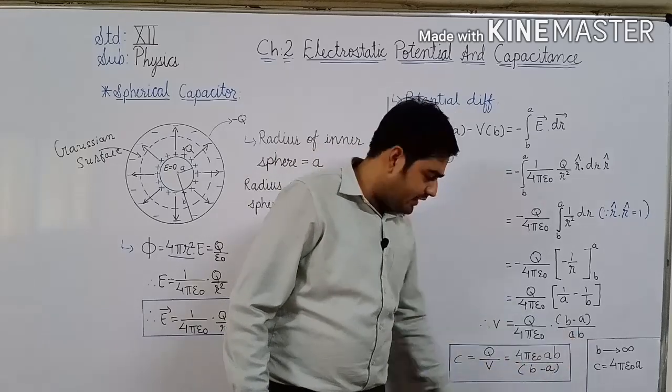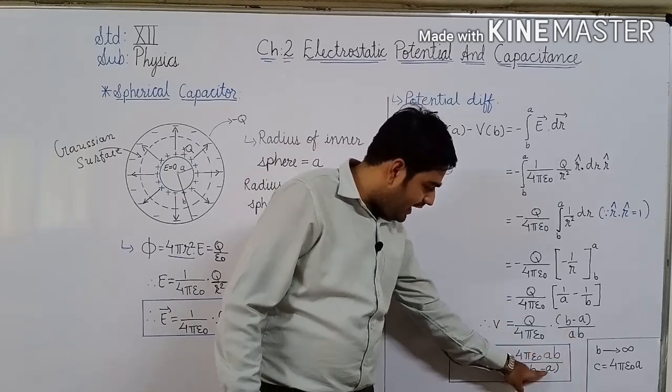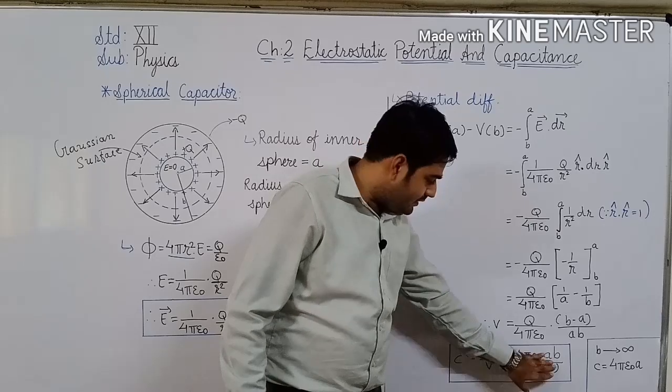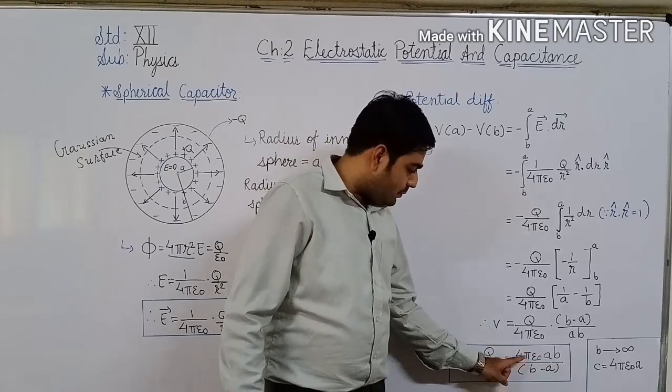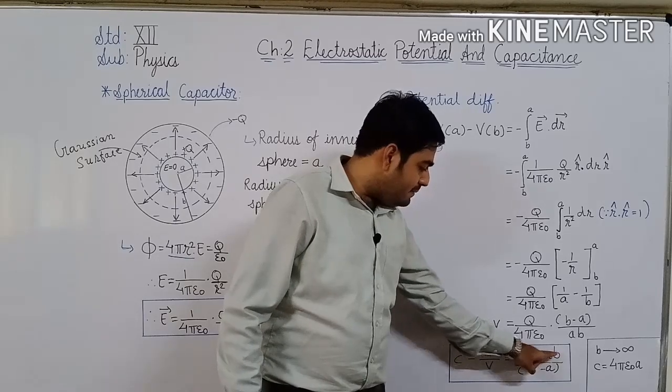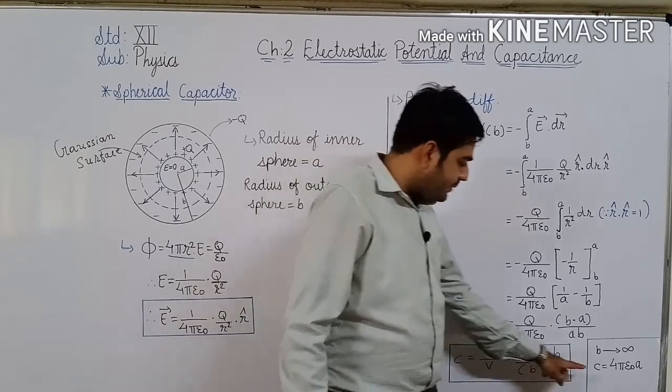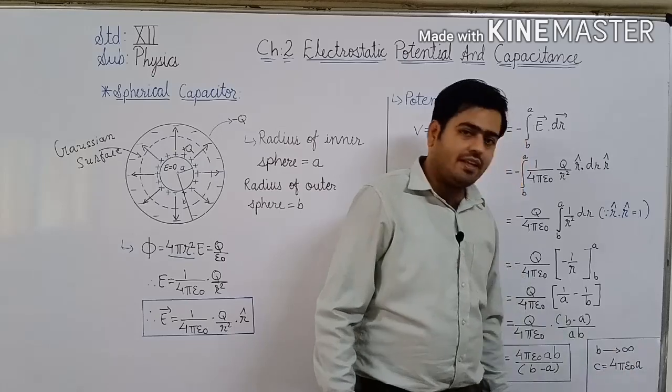So 4 pi epsilon naught A, B will get cancelled. So the formula of capacitance will be 4 pi epsilon naught A.